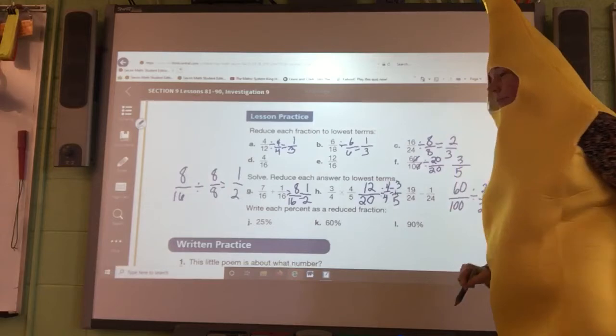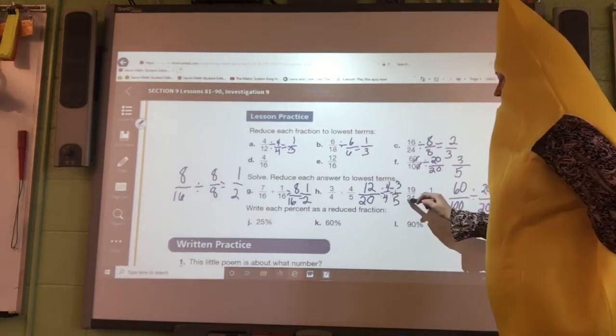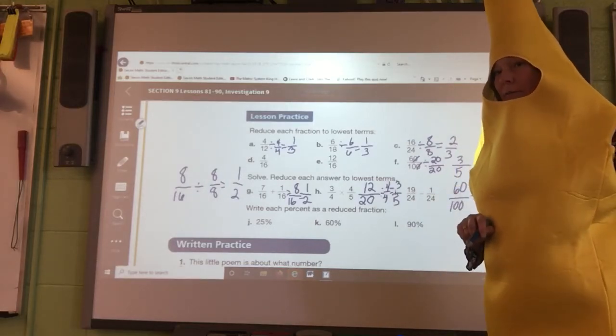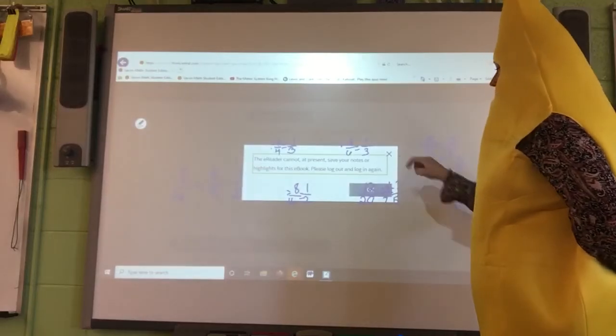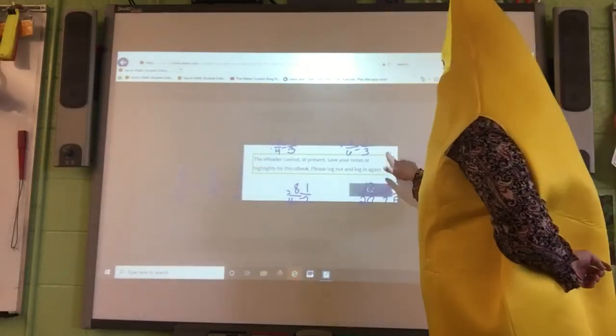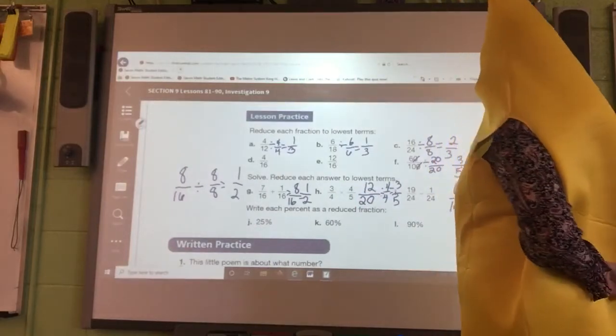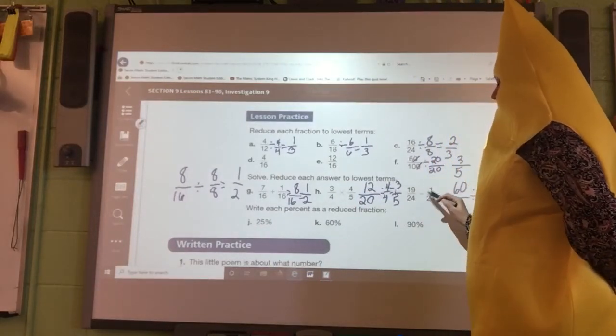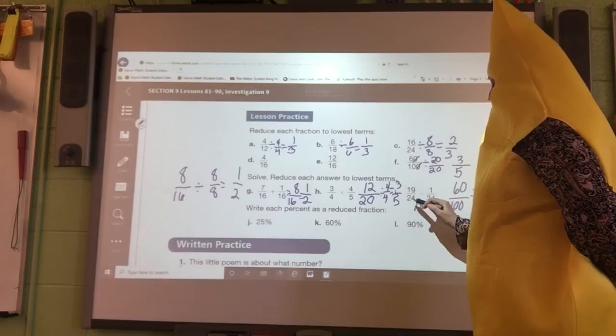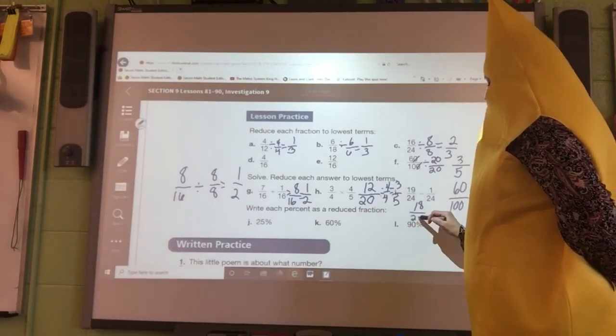Next problem. I have a common denominator. All right, so 19 subtract 1 is 18. The 24 stays the same.